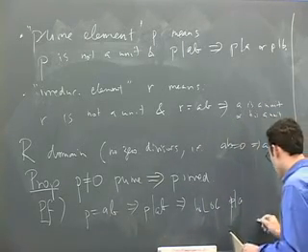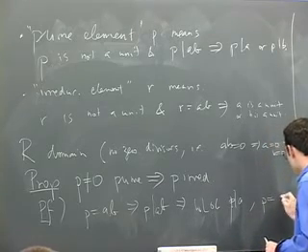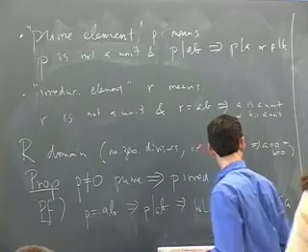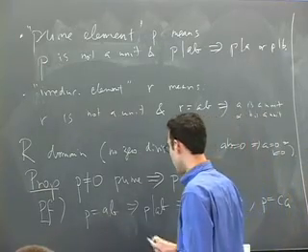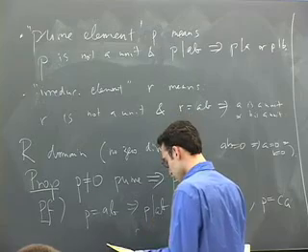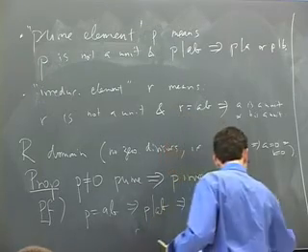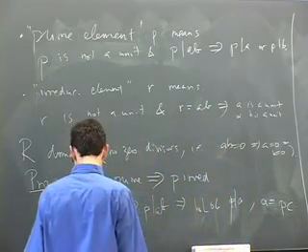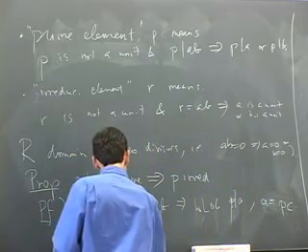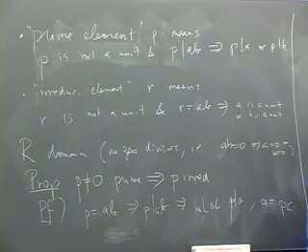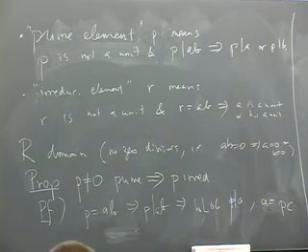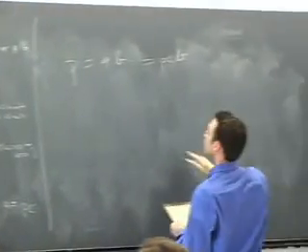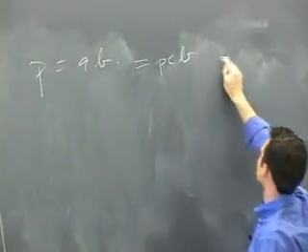And so we write A equals PC. But we know that P equals AB. So we rewrite this as P equals AB equals PCB, because we have this way of rewriting A. Now, one of the major points is that this is a domain.